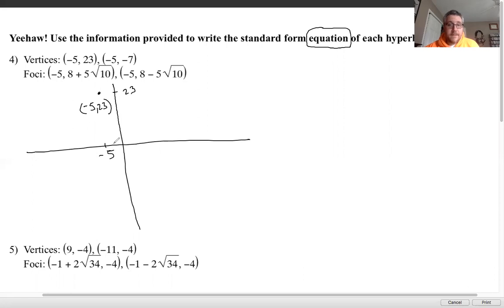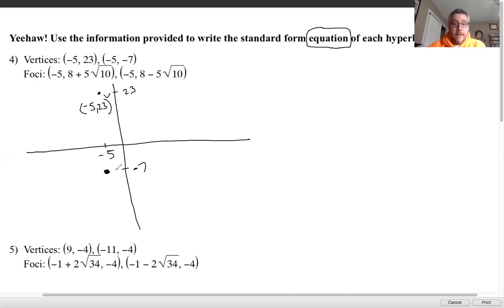Does that make sense? Yep. That is one vertex. And the other one is at -5, -7. So that's also left, but then a little bit down. Yeah, I'll put it like right there. Okay, again, this doesn't need to be perfect. It just needs to be a rough facsimile so that you can figure out what's going on here.